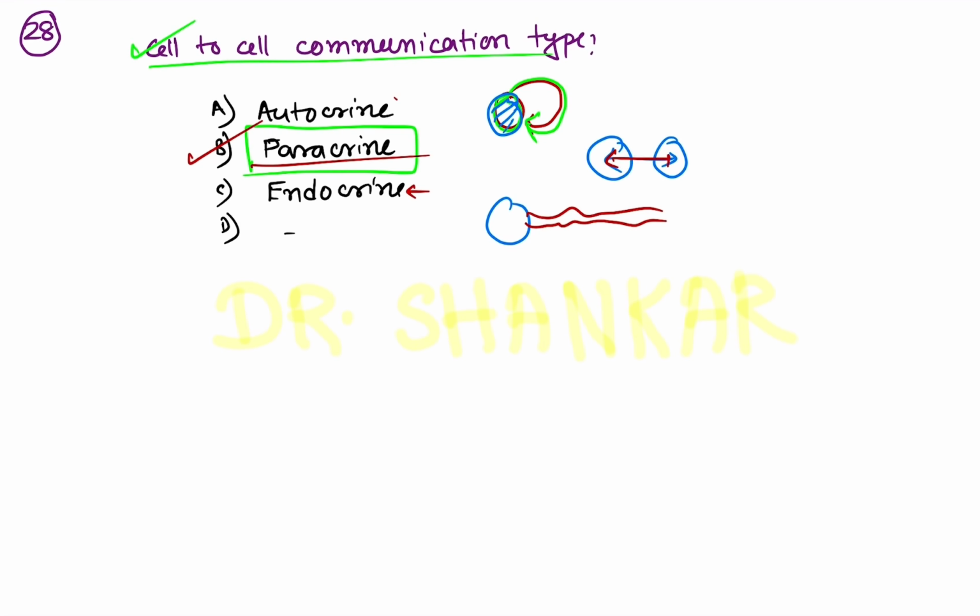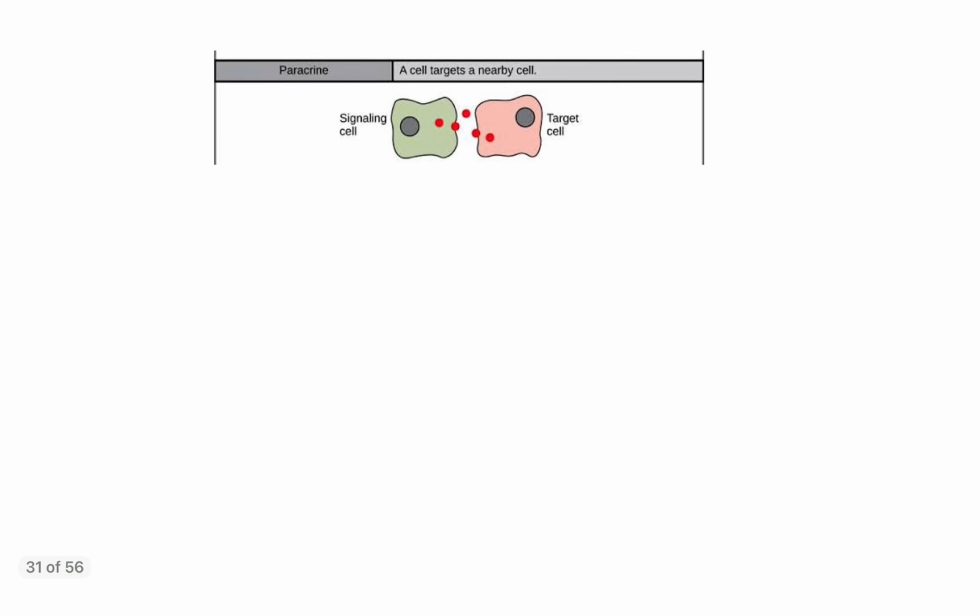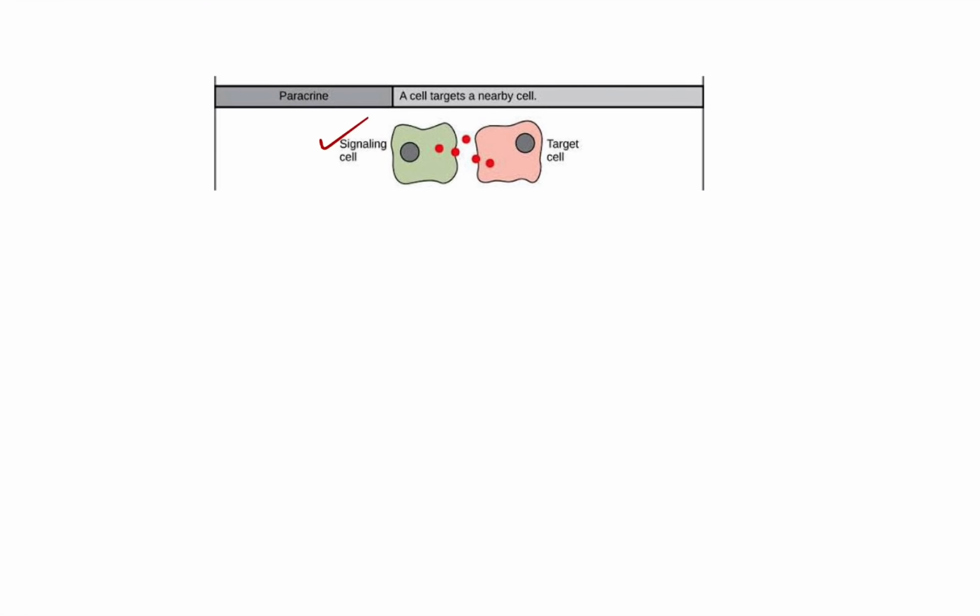See here, paracrine type signal, this is the signaling cell and this is the target cell, and their mechanism is paracrine. A cell targets a nearby cell.